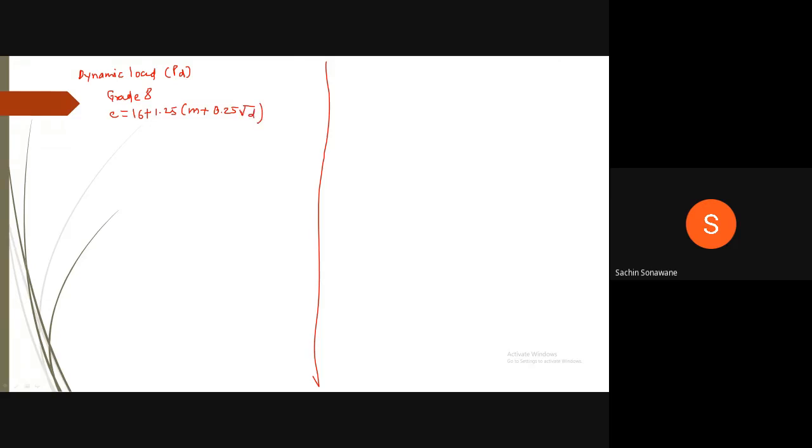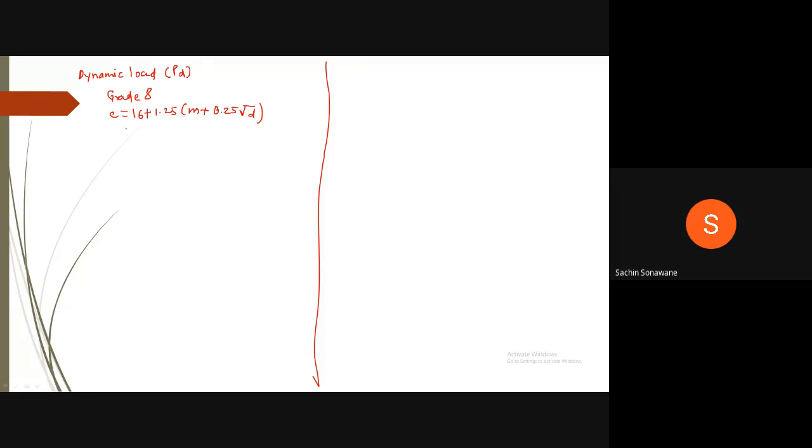This is the error. Now d means pitch circle diameter. In case of a bevel gear, this d is the mean pitch circle diameter. So first of all we have to find out RMG and RMP.